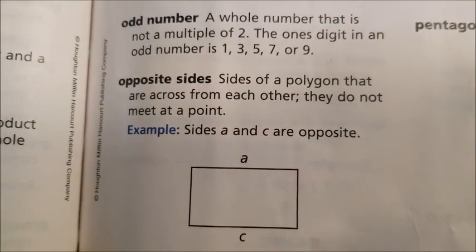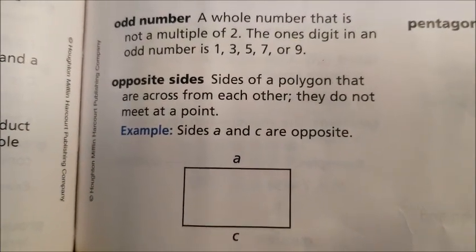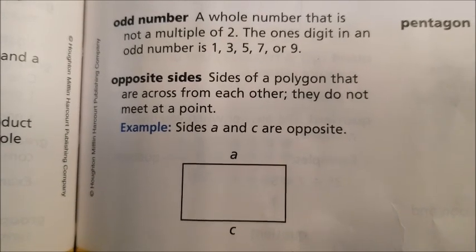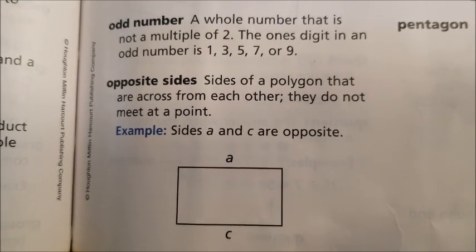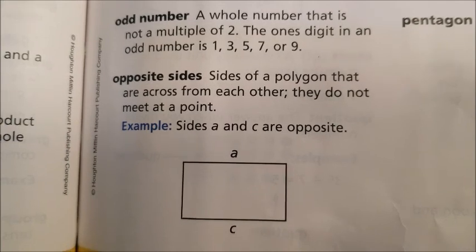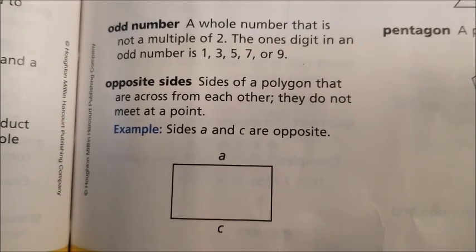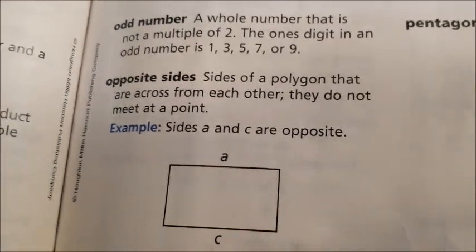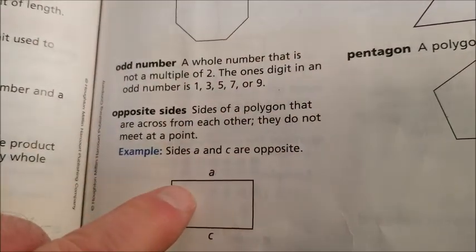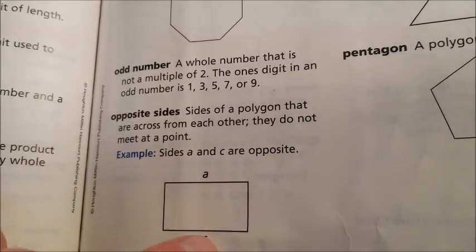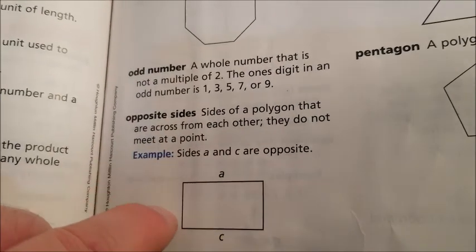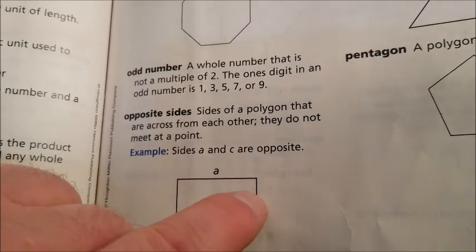Very good. Opposite sides of a polygon are across from each other, they do not meet at a point. Side A and C are opposite sides. This is the opposite side of this one, and then this one is the opposite side of this one.